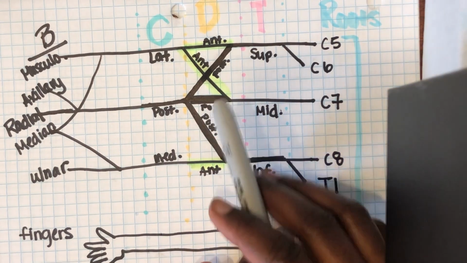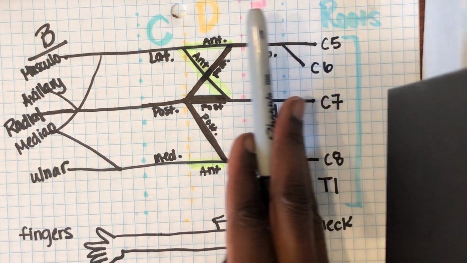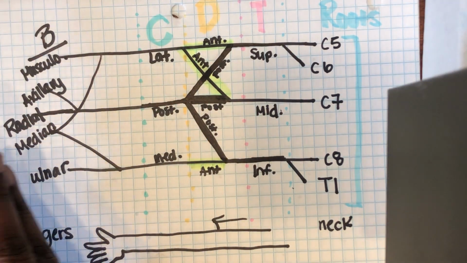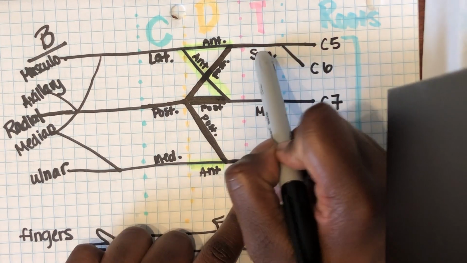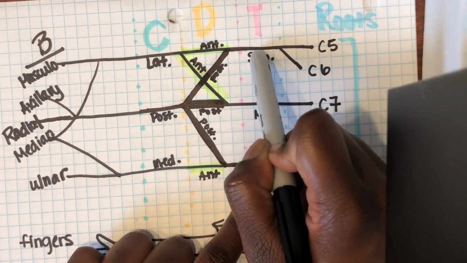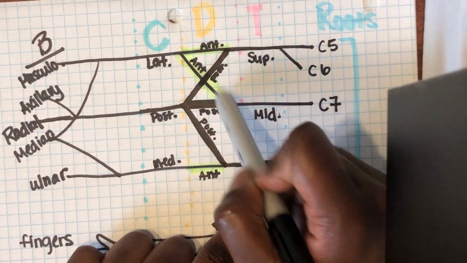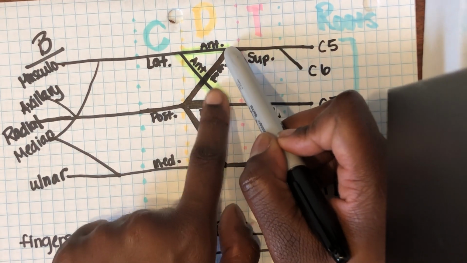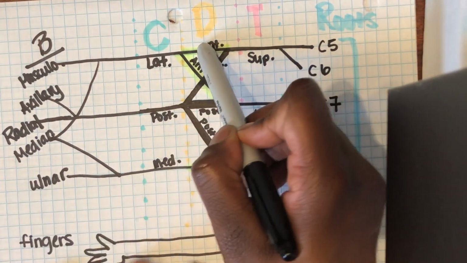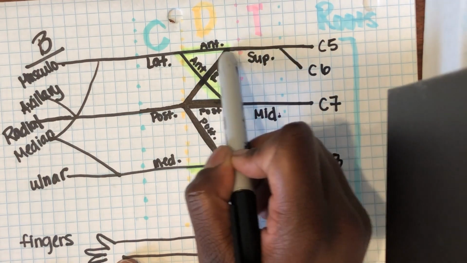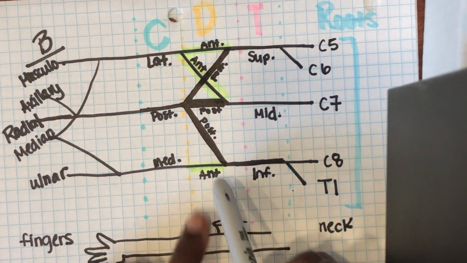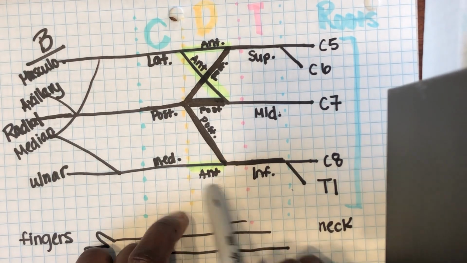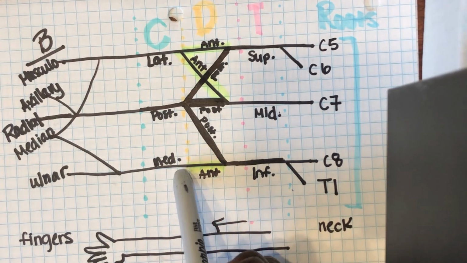So information traveling all the way down through to our fingers is going to go from our roots to our trunks. From our trunks, it's going to split up, and anterior information up here is going to come through our lateral cord, and anterior information down here is going to come through our medial cord, okay?